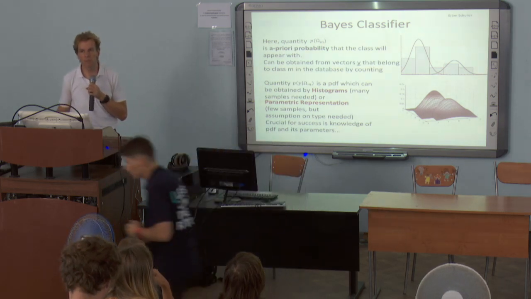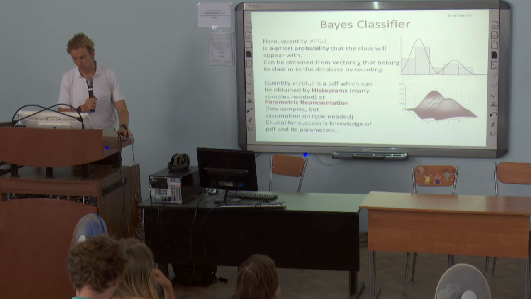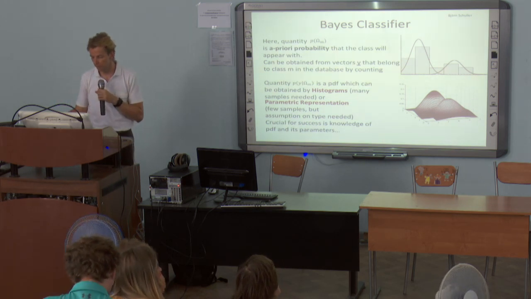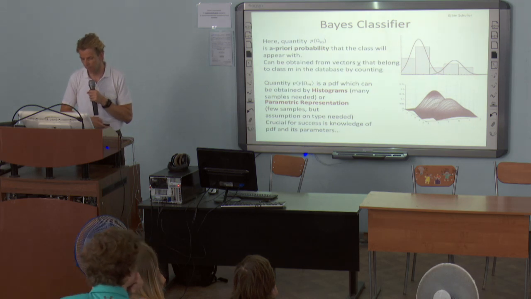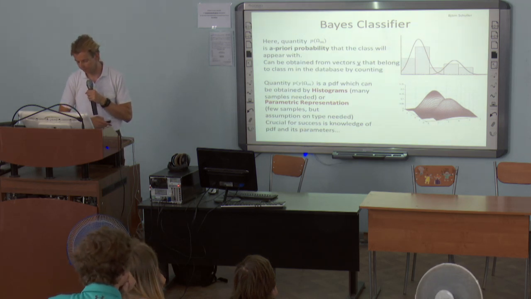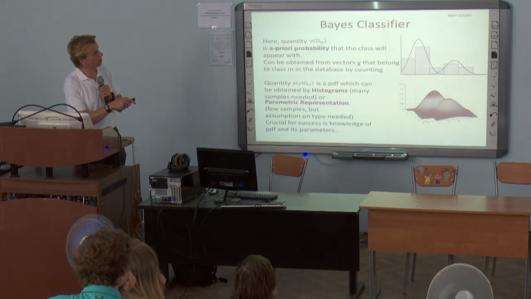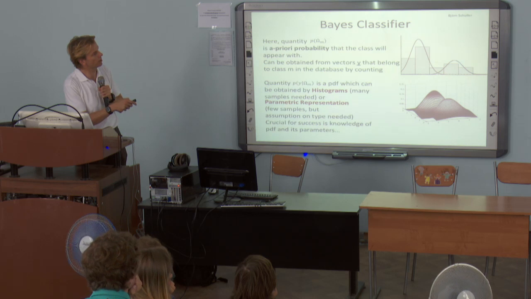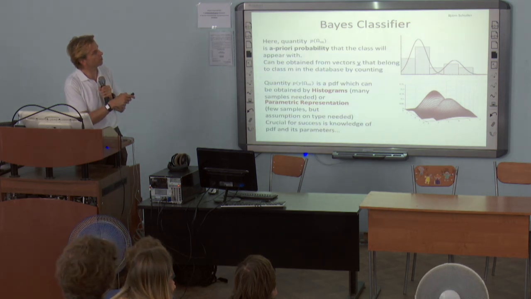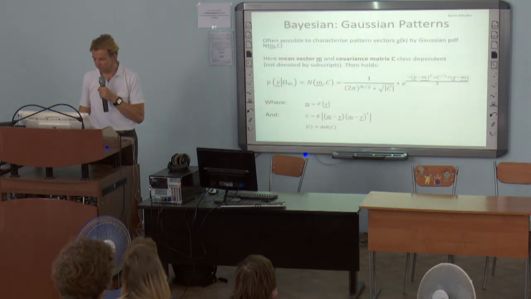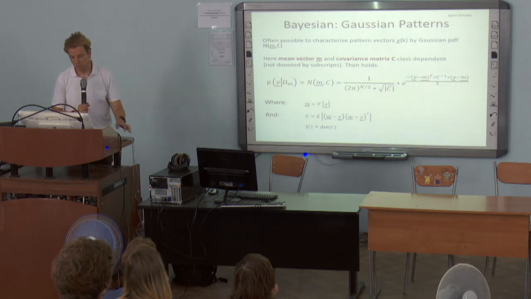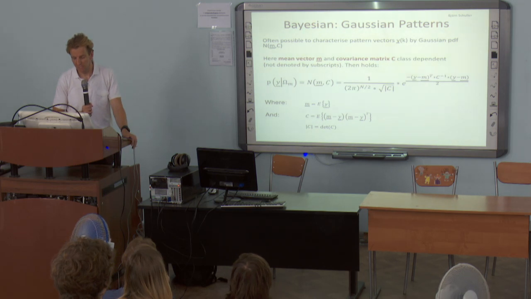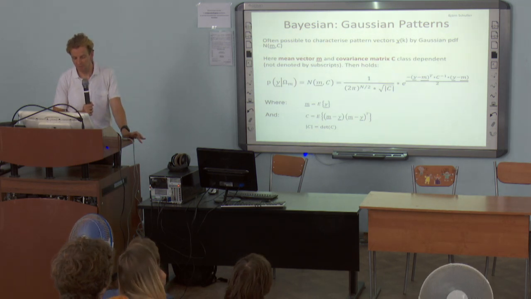In reality, of course, these are high-dimensional feature vectors or feature spaces, and we estimate a mean vector and a covariance matrix and not a one-dimensional variance. So this leads to something in multi-dimensional space, which looks much more like this. Of course, it's still high-dimensional, but it gets the idea. So the most common one is to use a Gaussian PDF, Gaussian probability density function.